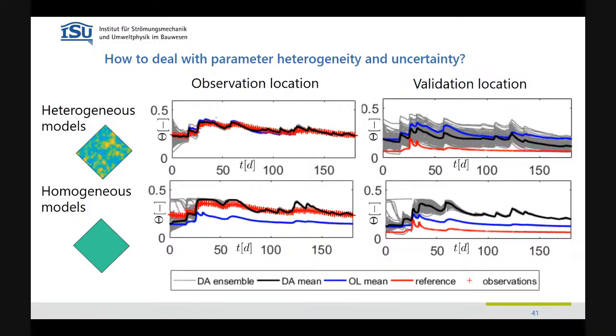So if I look at the black curves, this is my ensemble mean, they are in any case, whatever I do, still away from the reality. And in one case, even if I don't take observations into account, I'm better than if I do. And this is not surprising because there we really don't know. So we really have no information, and therefore, of course, the prediction is poor.